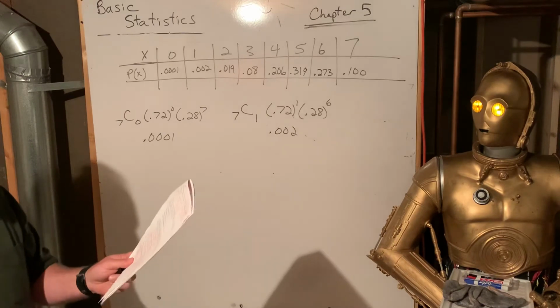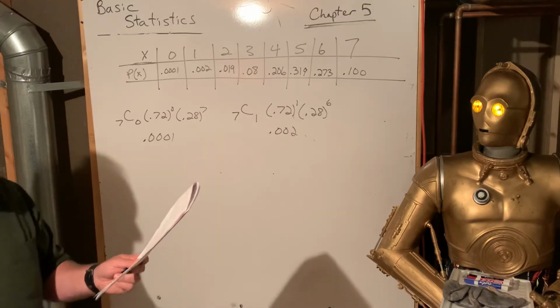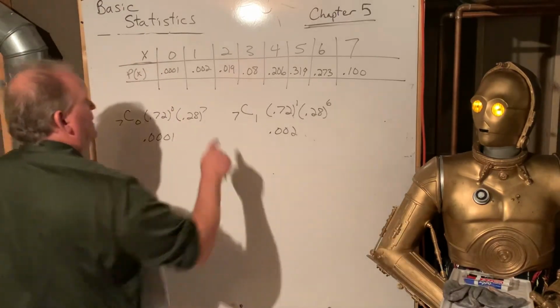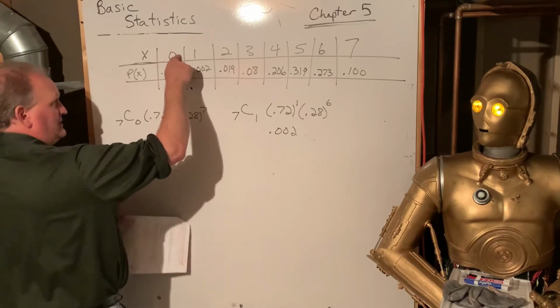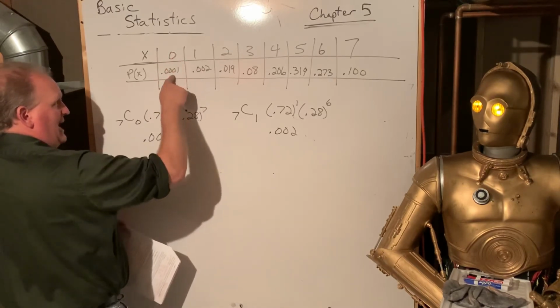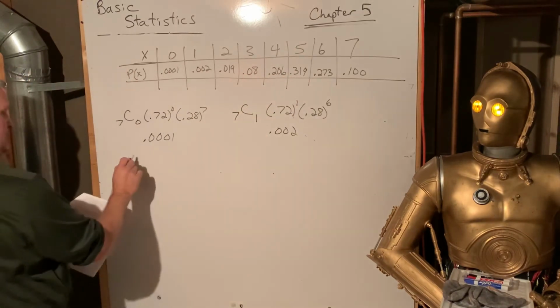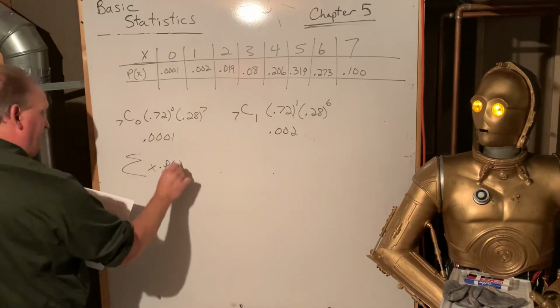Okay. So calculate the mean from this probability distribution. So the mean from a probability distribution, remember how we do the mean of a distribution like that. We take this and multiply it by that, and then just keep adding them up. So let's do that. So that is the summation of x times the probability of x.